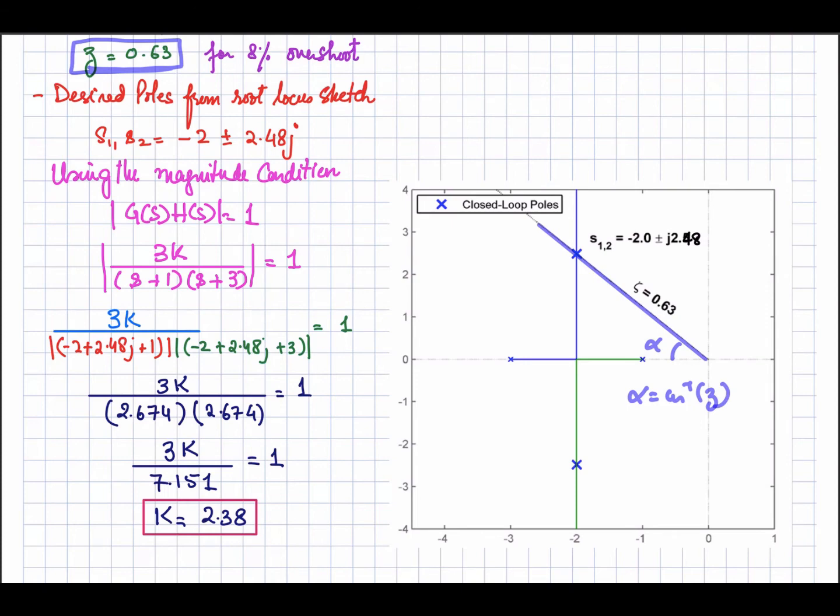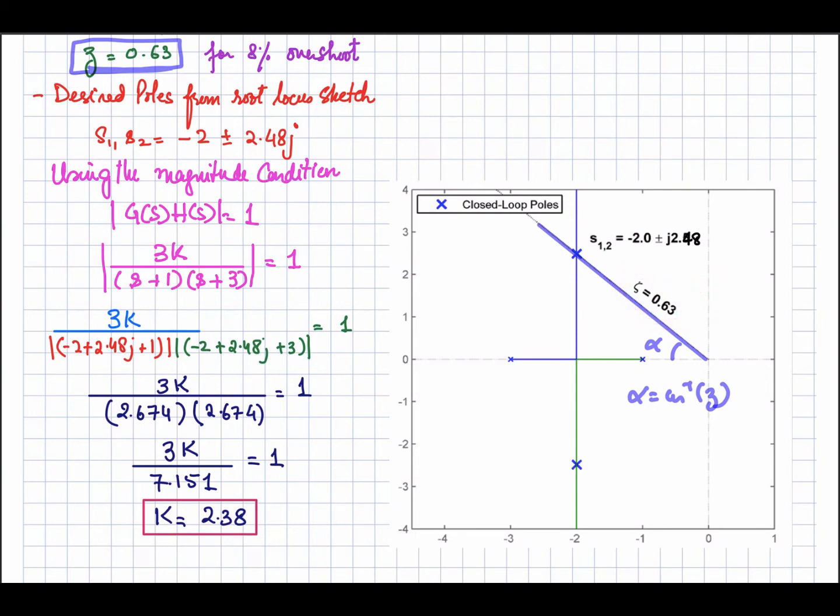If we sketch this line, it is going to intersect our root locus at this point. So these are the desired closed loop poles, so that we get this damping factor equal to 0.63.